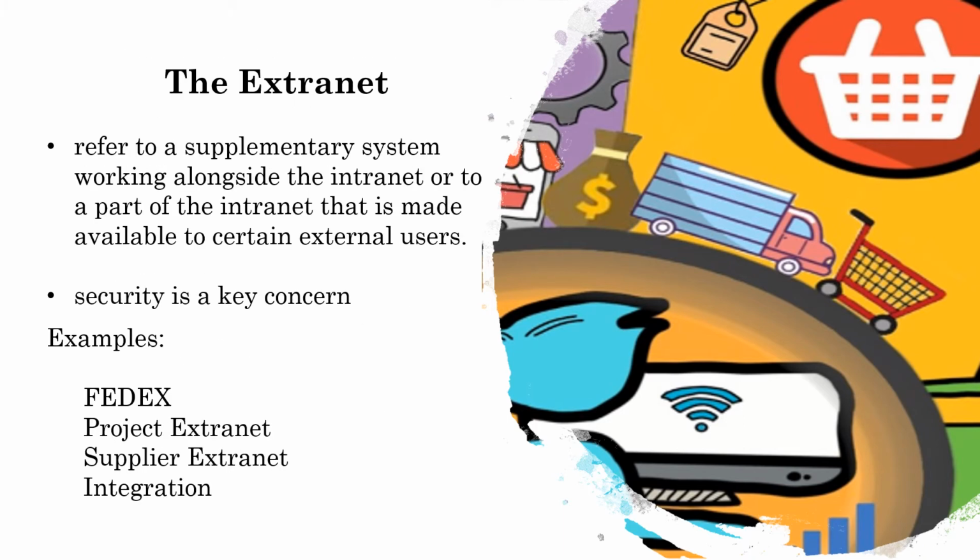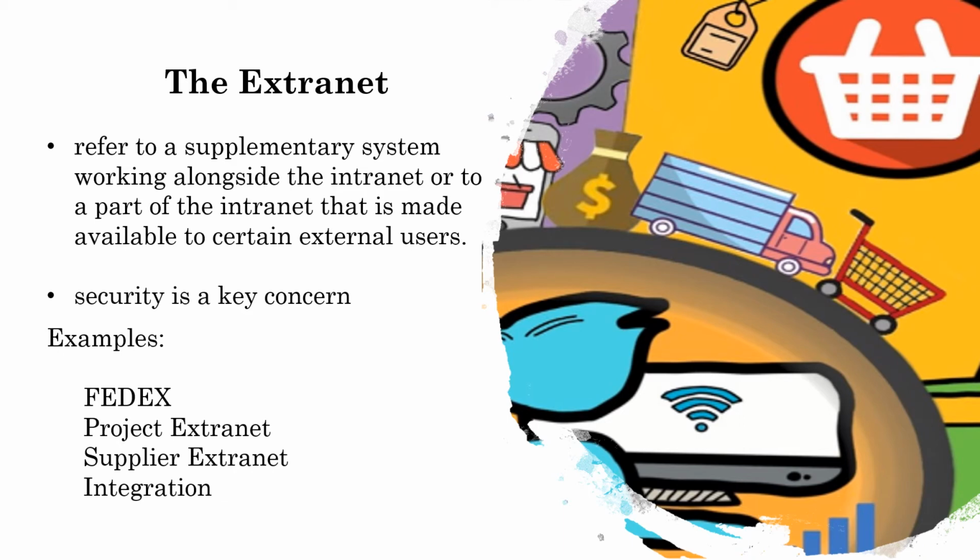And then we have the extranet. The extranet is sometimes used to refer to the supplementary system working along the internet or to a part of the intranet that is made available to certain external users. So the extranet provides a shared network with limited access control to the organizational information.